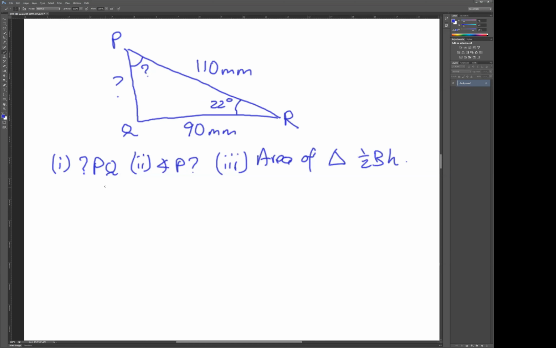Okay, so how would you do this? Remember, we kept saying that we have two sides here, 110 and 90, and this is 22 degrees. So we can use which rule? Sine rule or cosine rule? Cosine, yeah.